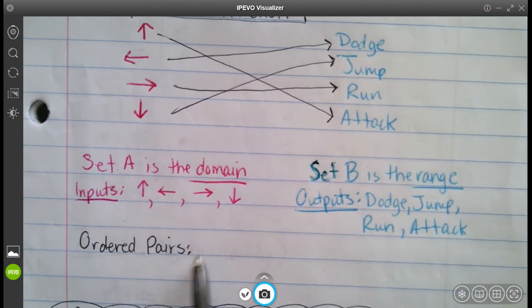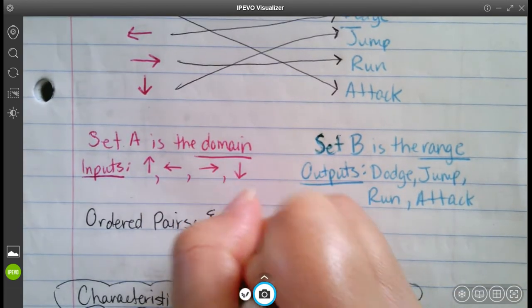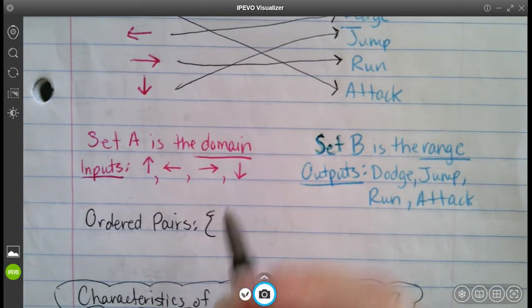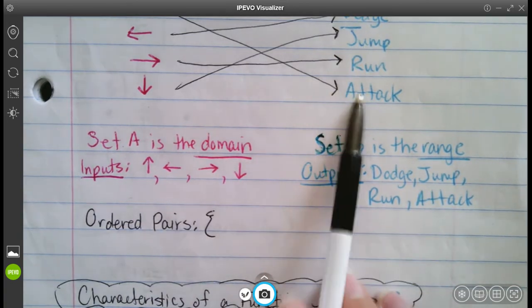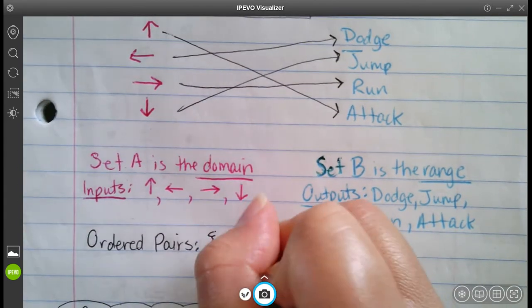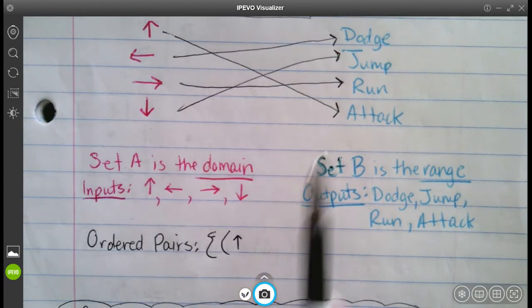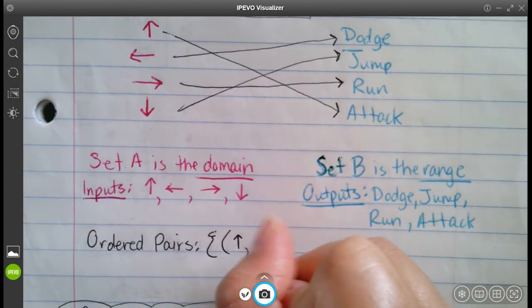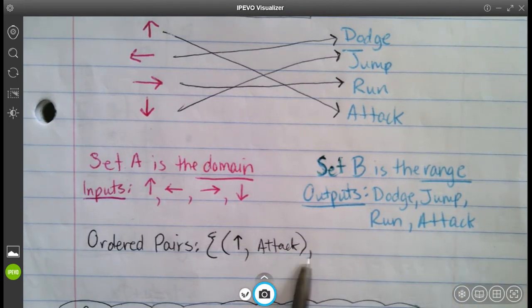Okay, so I'm going to go ahead and just list the ordered pairs now. When we are listing ordered pairs, we want to make sure that we do include the little curly brace, and then we're just going to put each one with its matching companion. So according to what I drew up here, the up button, I'll color code in the end. The up button goes with attack, so up, attack, and that would be one ordered pair.